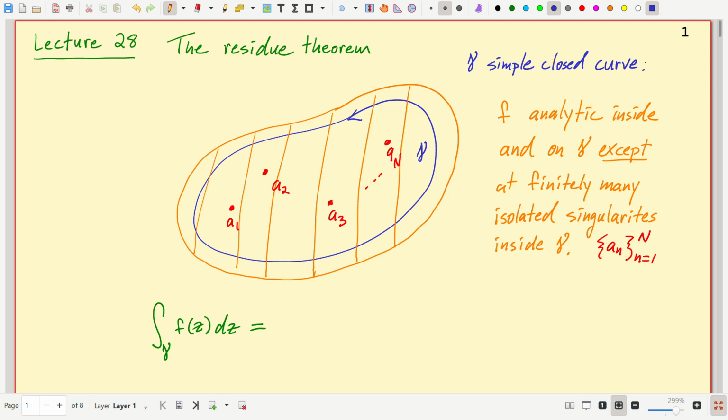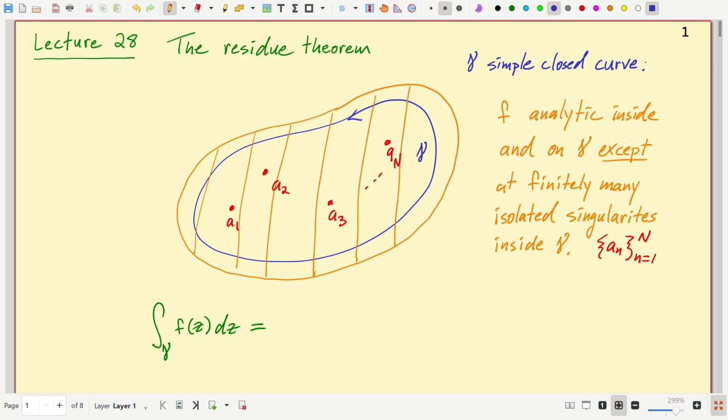That means there's a bigger open set containing the whole thing, including the inside of gamma. And so f is analytic except for finitely many isolated singularities inside gamma. I'm calling those A1 through A capital N.